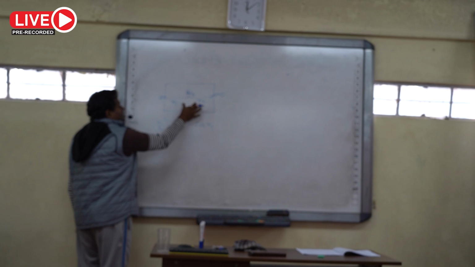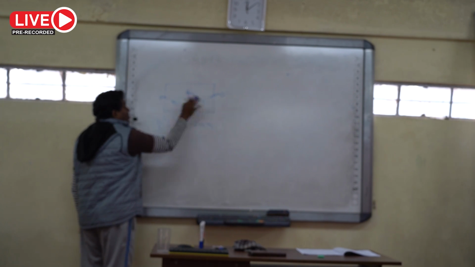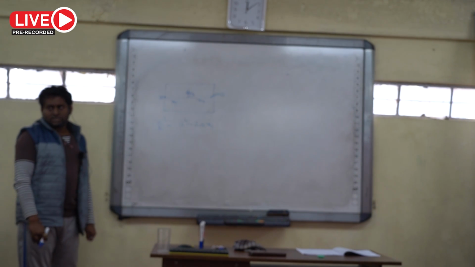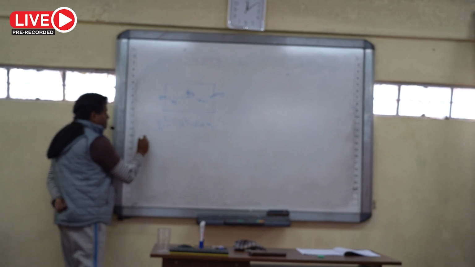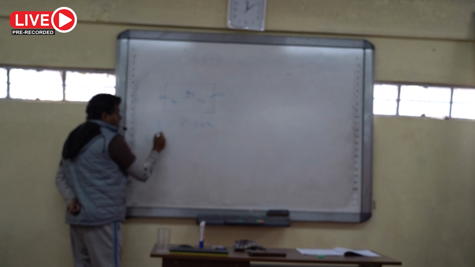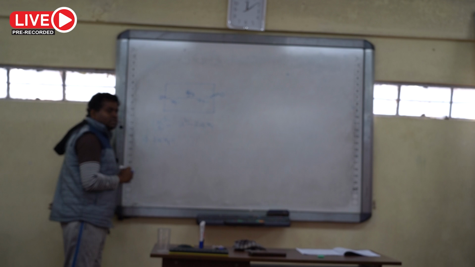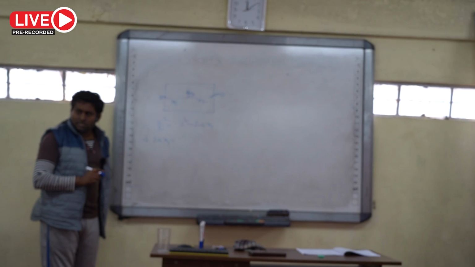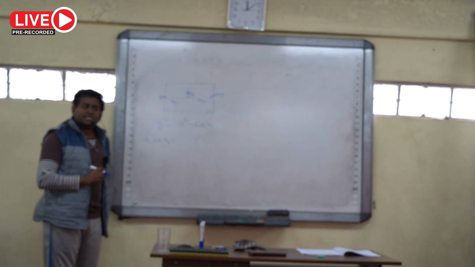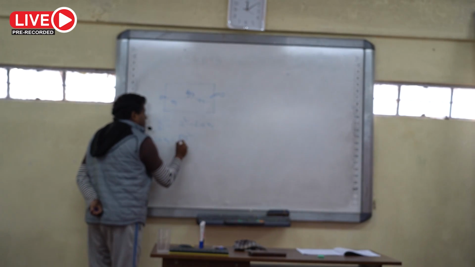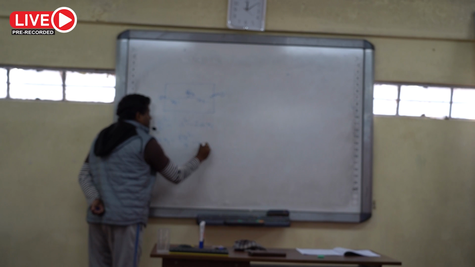Next, you can consider this distance, or directly consider the entire distance, whatever you wish. So from this, first we calculate 2a x1, that is u square minus u square by 9, that is 8 u square by 9. This is my first equation.